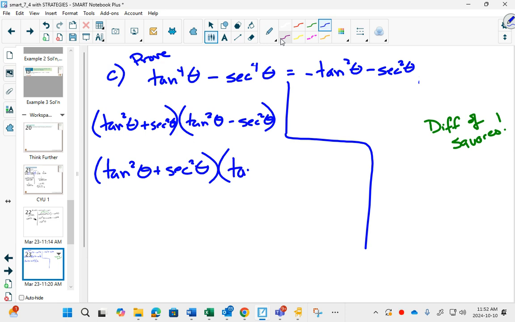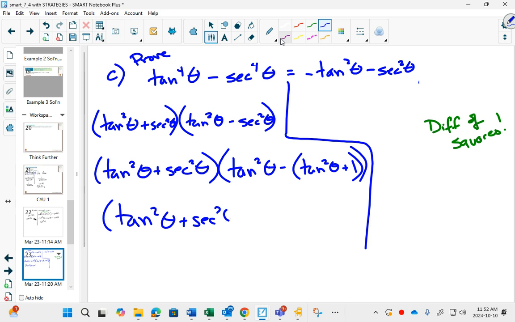So what I'm going to do is I'm going to say, well, I could replace the secant squared with tan squared theta plus 1. And then I can do that. Because tan squared minus tan squared, that'll be 0. And then negative gets distributed to the 1 will be negative 1. So if I show that extra step, then it's fine.